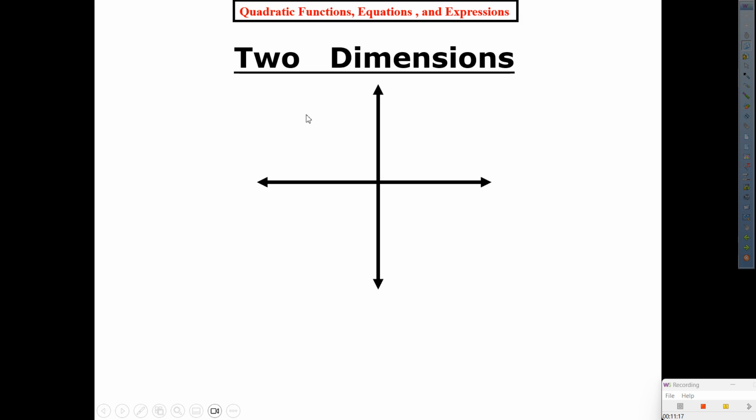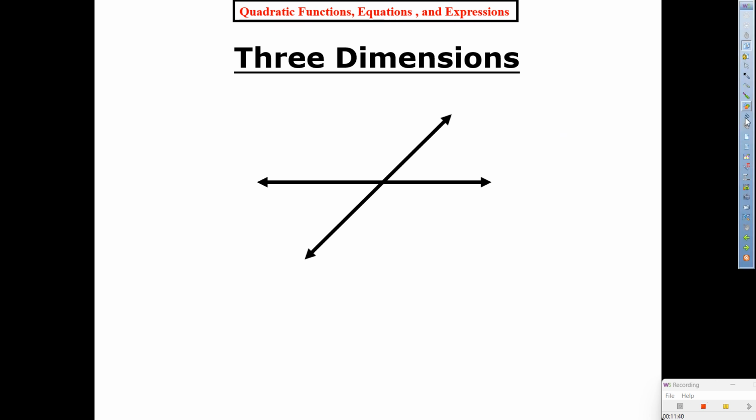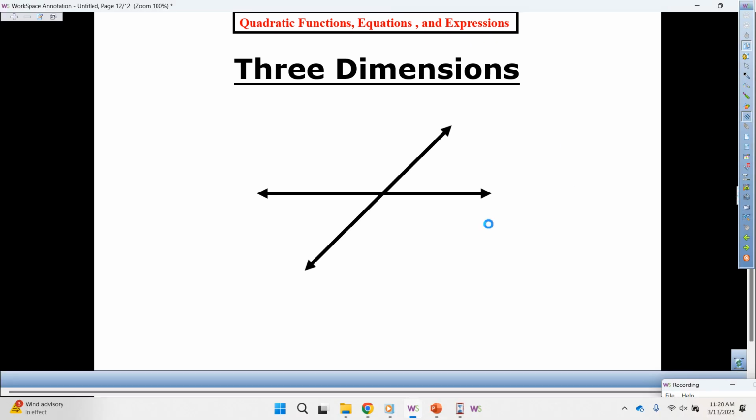So here we go. 2 dimensions we've been graphing using x and y. Is that correct? Now let me introduce you to the third dimension. Look up. Here it goes. The third dimension is as easy as this. We take the 2 dimension, we tilt it backwards like so, and then we introduce one more dimension coming down like this.